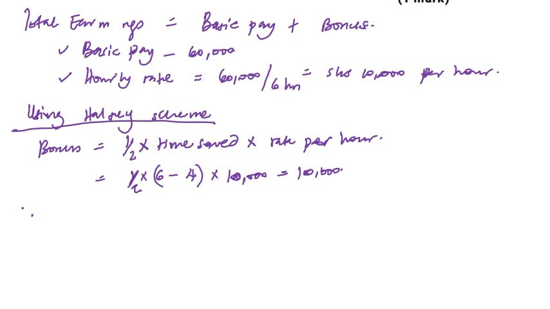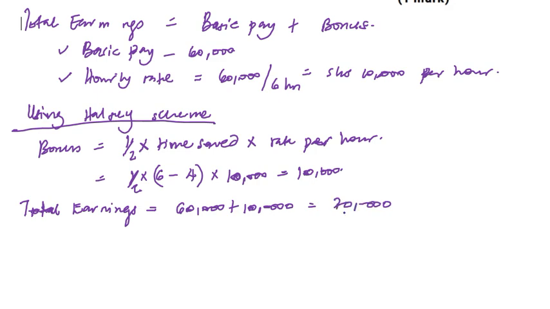Therefore, your total earnings will equal the basic pay, that is 60,000, plus the bonus of 10,000, giving us total earnings of 70,000. That is the Halsey scheme. Total earnings equal the basic pay plus the bonus.